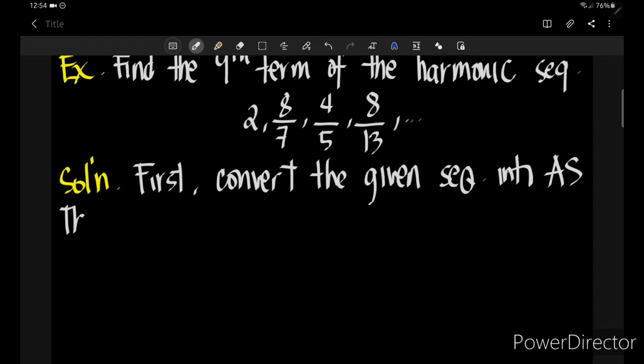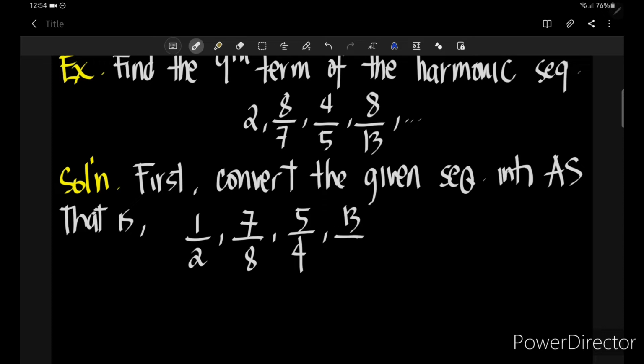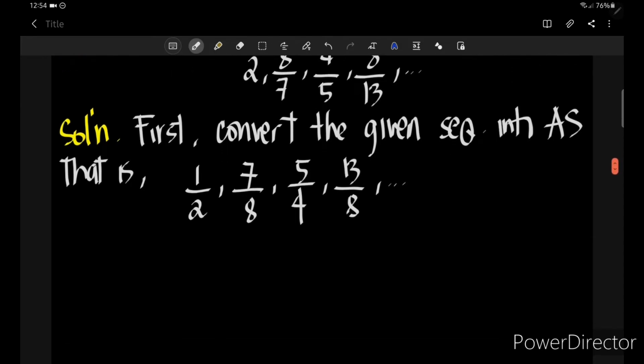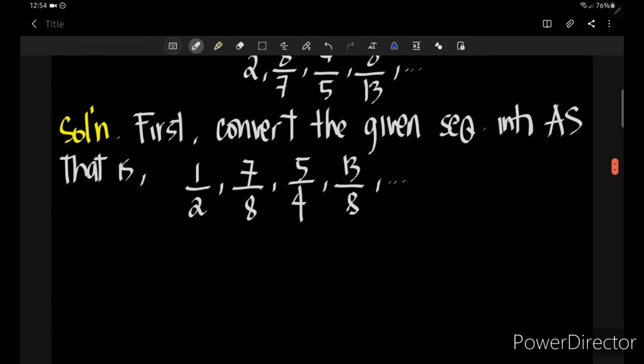That is 1/2, 7 over 8, 5 over 4, 13 over 8, and so on. Now, get its common difference. So, let's say we have 7 over 8. So, that is D. 7 over 8 minus 1/2. And that is equal to 3 over 8.